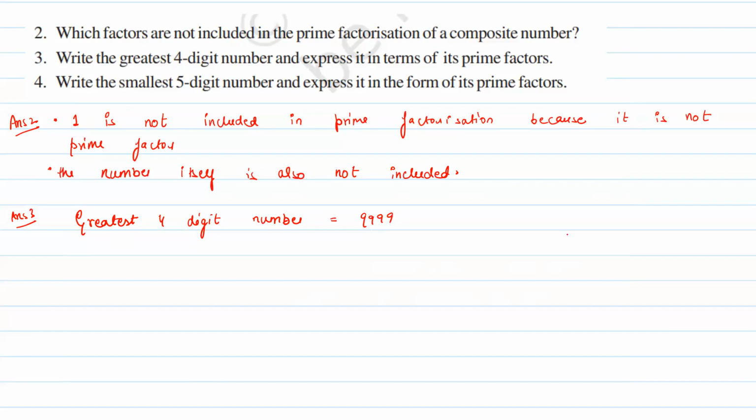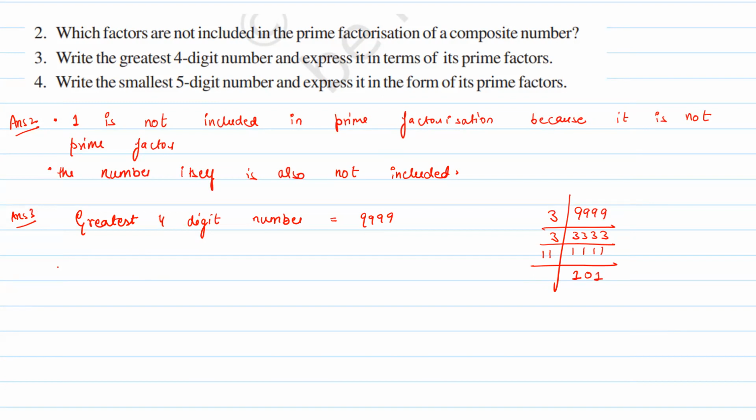Let me do it with the prime factorization method. 9999 divided by 3 gives 3333, then 3 again gives 1111. Then 1111 goes with 11, giving 101, which is a prime number itself.